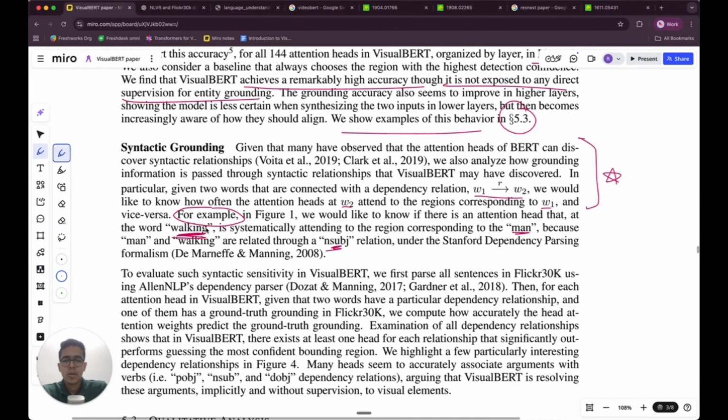So does the word walking attend to the region in the image which encloses the man in figure 1? There was a bounding box enclosing the man in figure 1, right? And the question is, the word walking in the caption of the image, is that attending to the region corresponding to the man or not? So that is what they were trying to do.